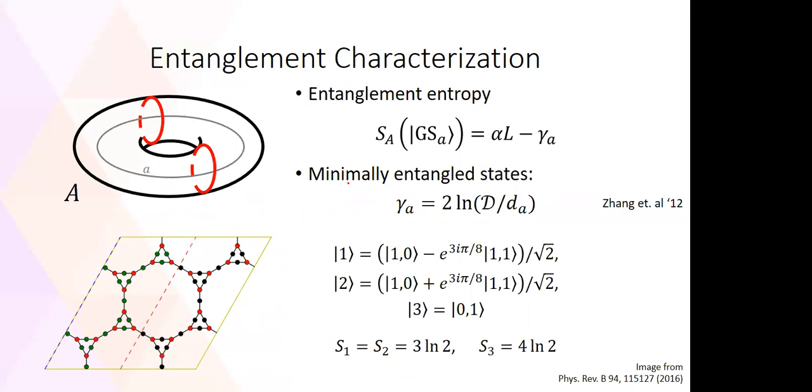I at least don't know much about this, but if you want to find the minimally entangled state, I think it can be really hard to do this. From what I understood, they did it kind of brute force on the 2x2 Fisher lattice, and on larger lattice sizes, doing this brute force is harder.